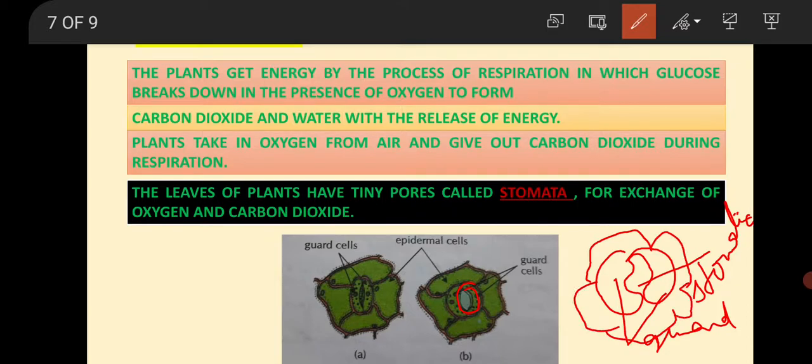So this is the structure of the stomata where the exchange of gases takes place. I think you all know that in human beings the exchange of gases takes place in the alveoli. Clear? But in plants, mostly the exchange of gases takes place through stomata.